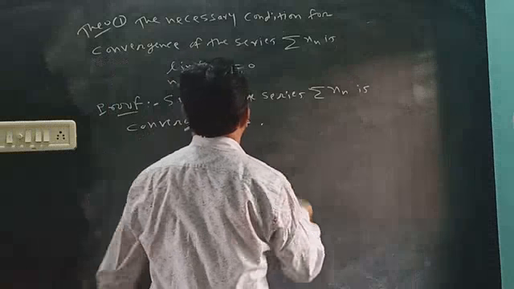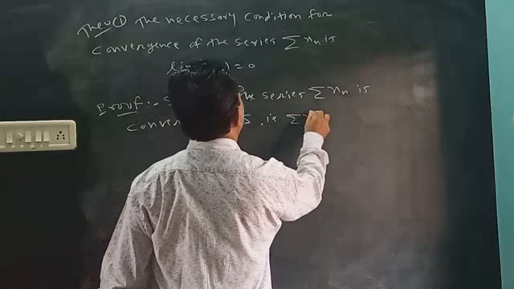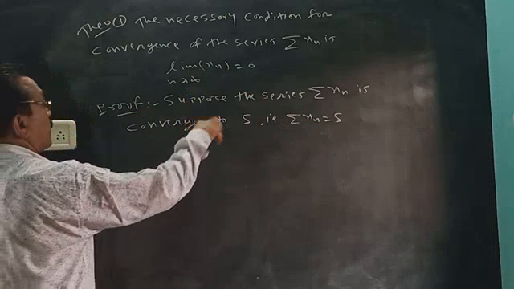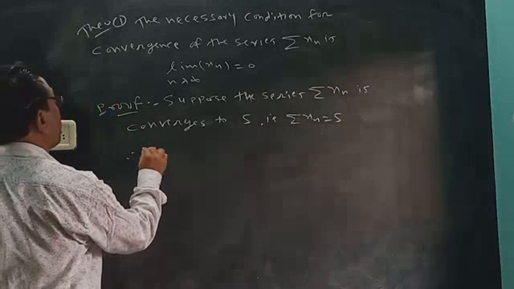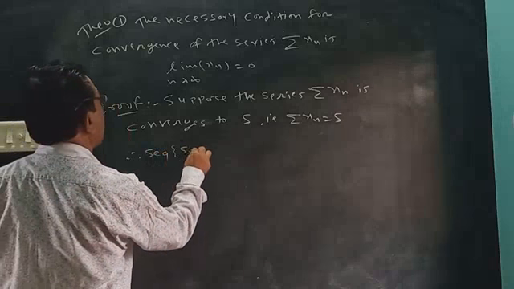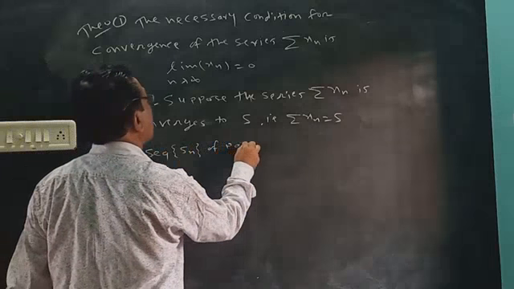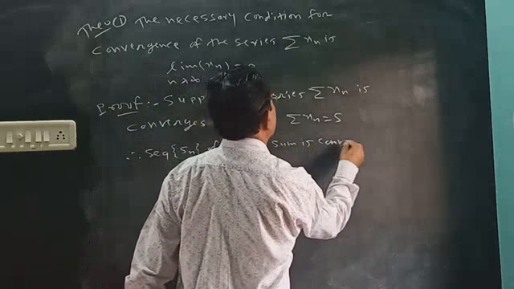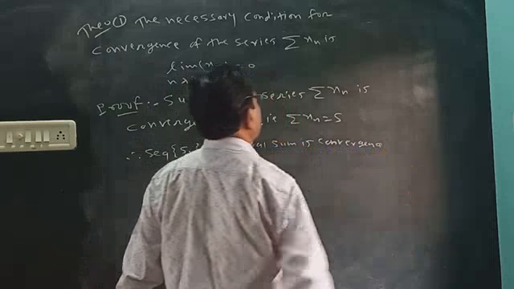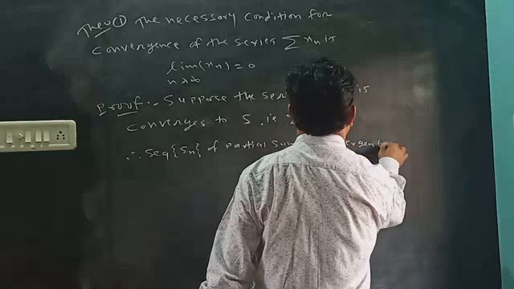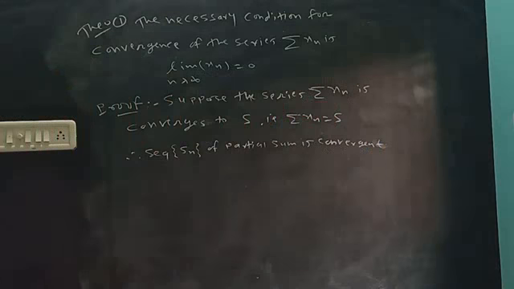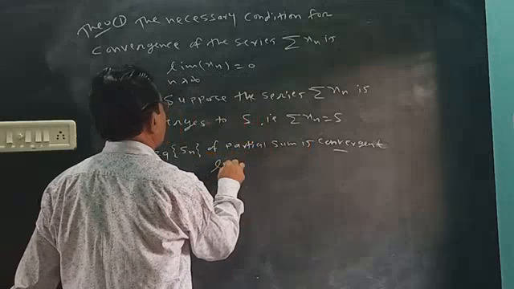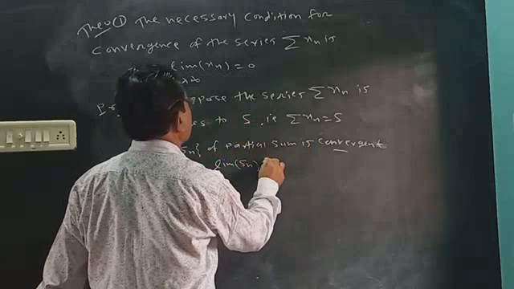So the sum of xn equals s. Now series convergence means the sequence of partial sums Sn is convergent. Convergent means the limit exists, so the limit of Sn must be equal to s.